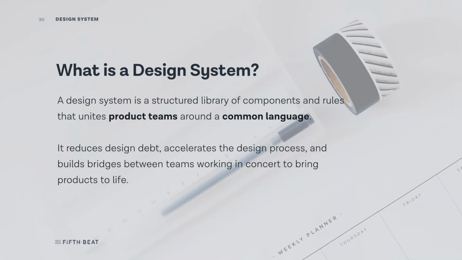A design library is a structured collection of all the components in a specific design system. And I would say that the term system is much more reliable and clear than library, because the library is just a tiny piece of the system.